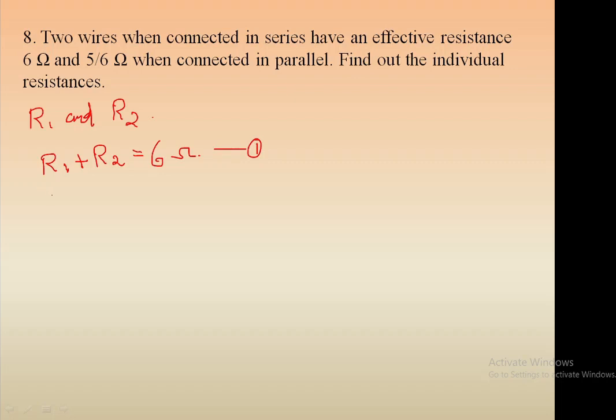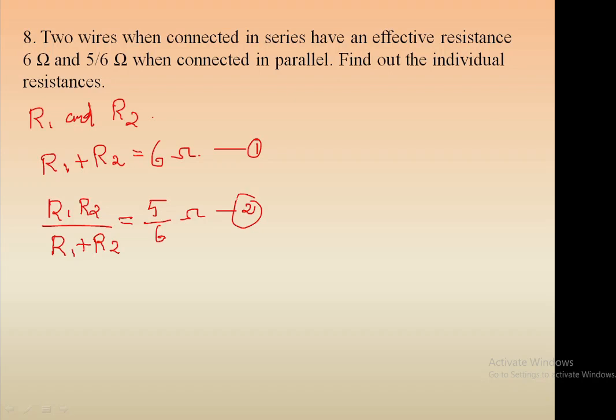Now when they are connected in parallel, the effective resistance is 5 by 6 ohm. That means R1 into R2 divided by R1 plus R2, that is the effective resistance when the two resistors are connected in parallel, is equal to, this value is given, 5 by 6 ohm. That is equation number 2.